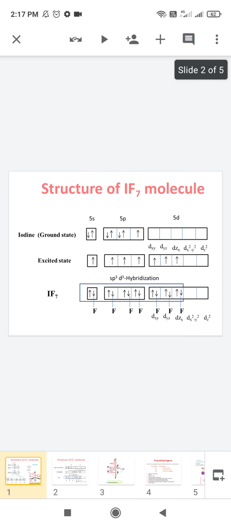Now we are moving on to another interhalogen compound, that is IF7. See the general electronic configuration of the iodine. It is 5s2 and 5p5 5d0. In order to form the 7 IF bonds, we have to excite 2 electrons in the p orbital into the 5d orbital, and also one more electron in the 5s orbital is excited into the 5d orbital.